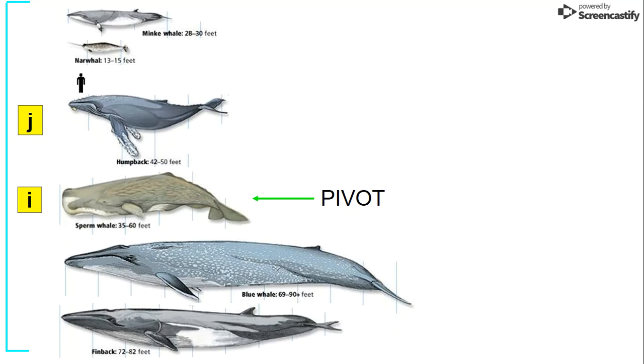So, in other words, we have essentially divided the array into two sections. A section above the sperm whale, where all the whales are smaller than the sperm whale, and a section below the sperm whale, where all the whales are bigger than the sperm whale.